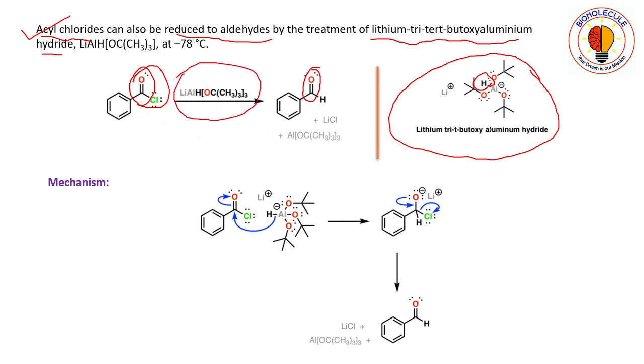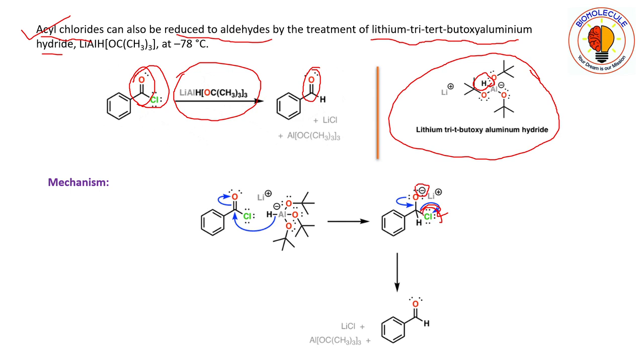See here, this hydrogen is attacking the carbonyl group, and the carbon-oxygen double bond opens up to give oxygen a lone pair of electrons. Now this again comes back, and the chloride leaves.